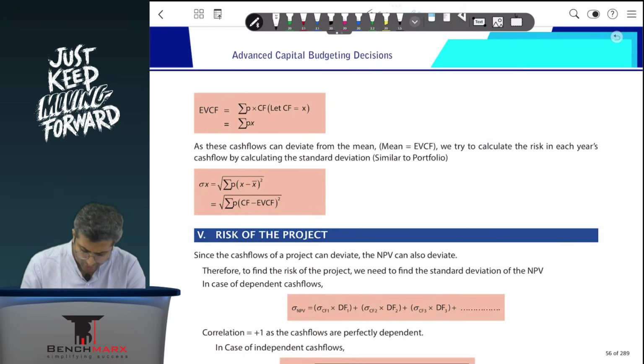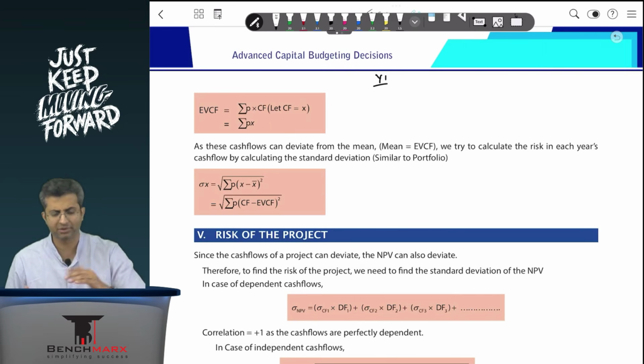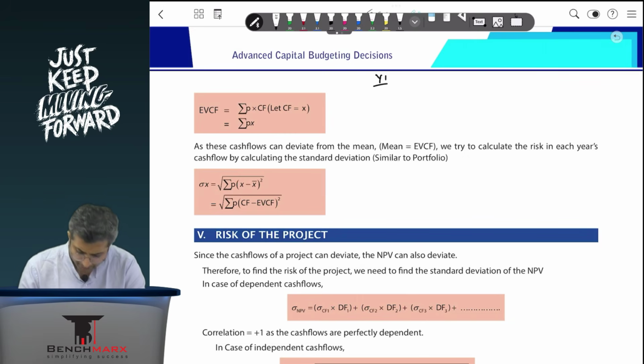Now, if I want to calculate the standard deviation, let's say for year 1, this will be calculated as summation of x minus x bar the whole squared divided by n. If there is a probability, then you multiply it by p. So over here this is 10, 20 and 30. Over here the average is, for example, 21.